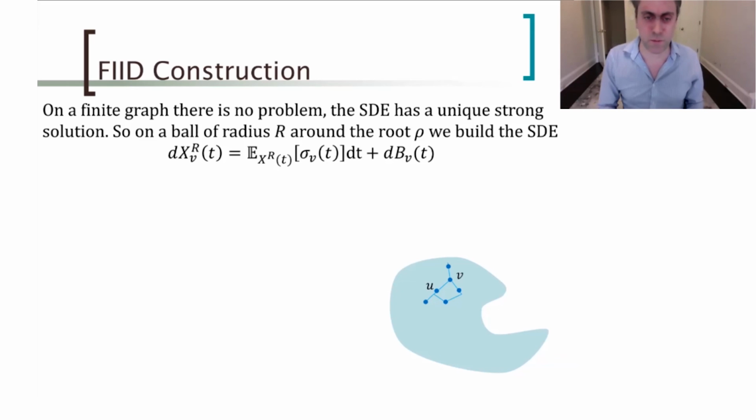What this is encoding is that you take the Ising model on this tree of depth R, and then you use an external field where the external field at vertex U is X_U^R(T), and then calculate the expected value of the spin at vertex V according to that Ising model with external field.